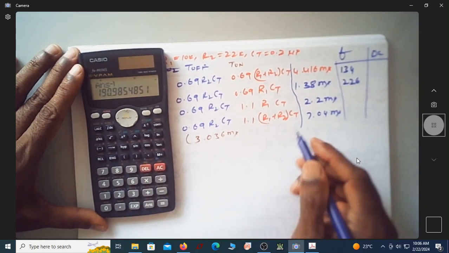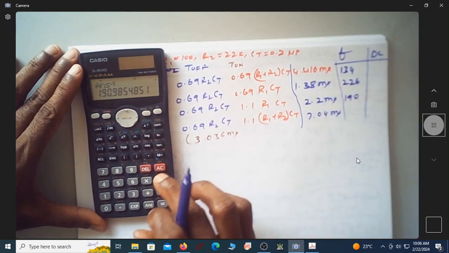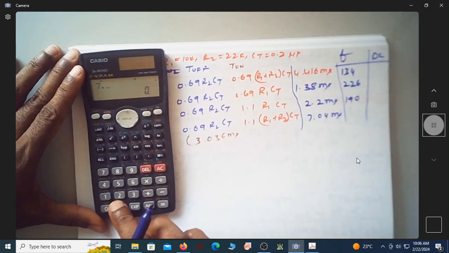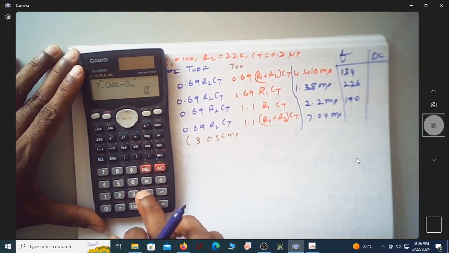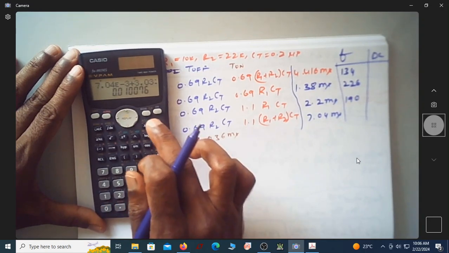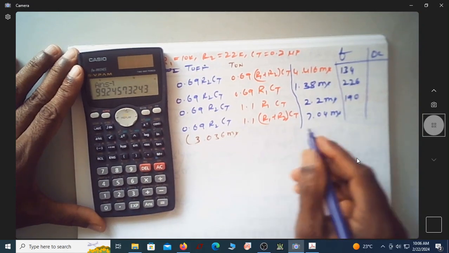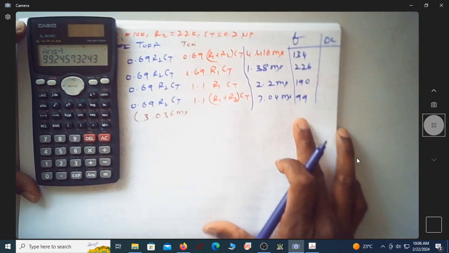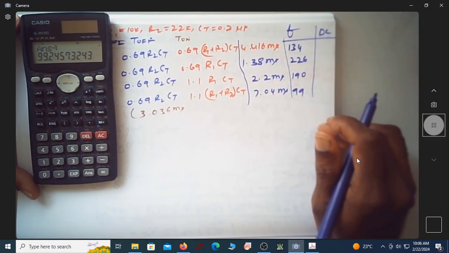That inverse is 190 hertz. Next it is 7.04 exponential minus 3 plus 3.036 exponential minus 3. 1 over that is 99 hertz. So these are the frequencies.